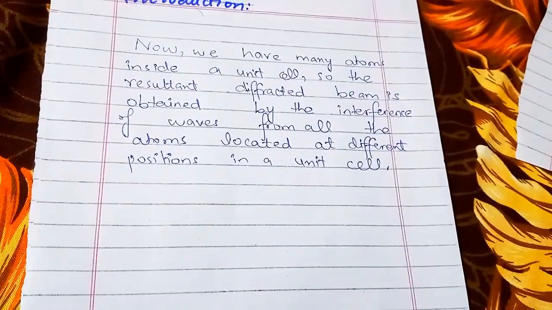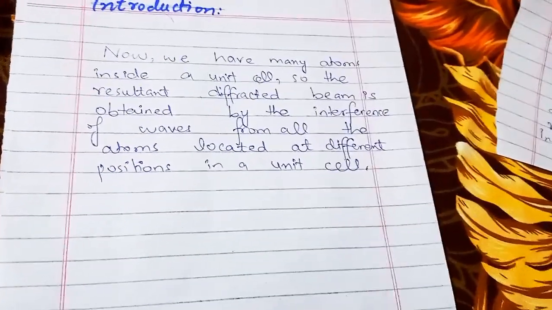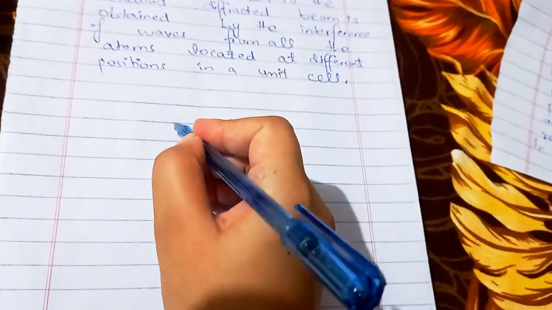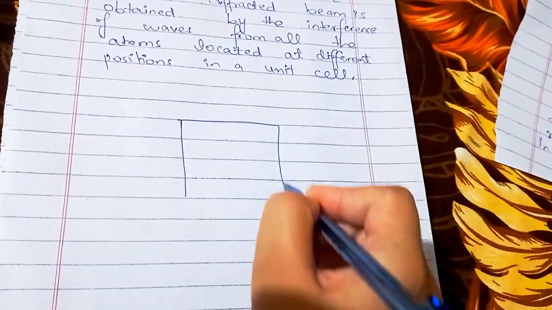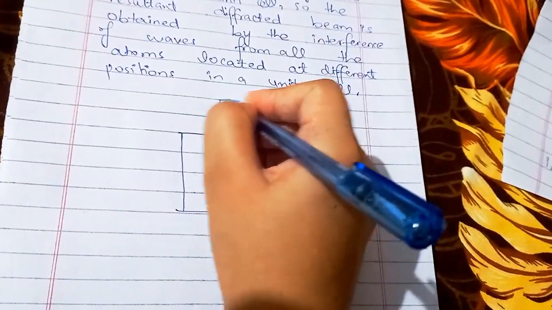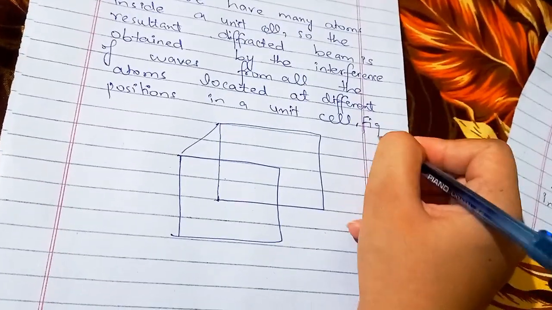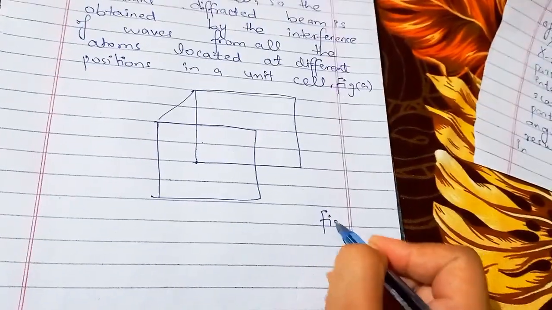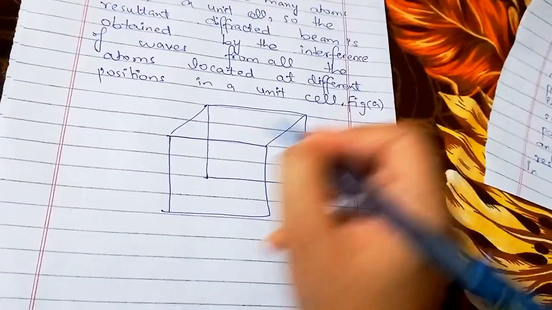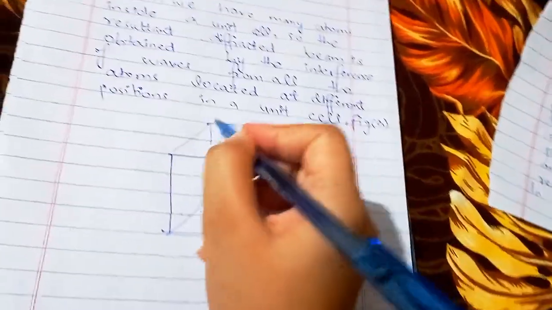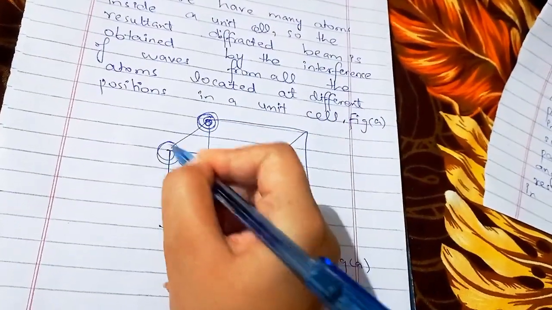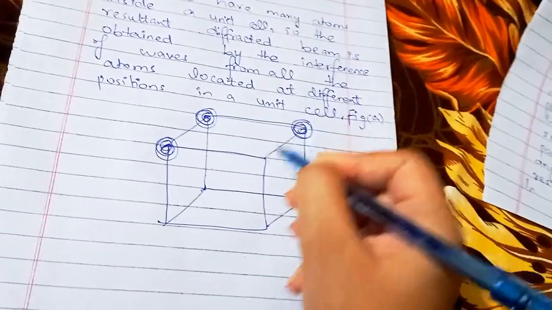You can draw the diagram as well, the diagram that I have drawn here for the simple cubic unit cell. You can mention it as figure A, to show that we have atoms at different locations.